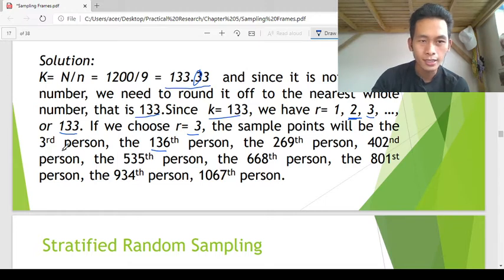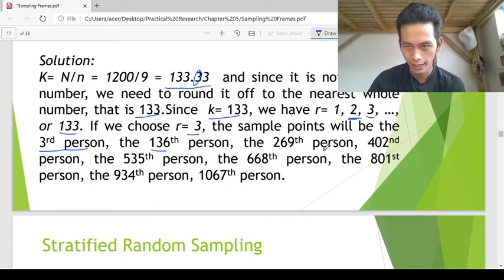The first is the third person. 3 plus 133, the interval or k interval, is 136. So the 136th person, 136 plus 133 is 269, plus 133 is 402, 535, 668, 801, 934, 1067.